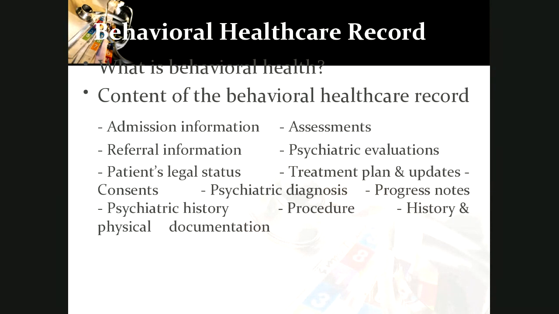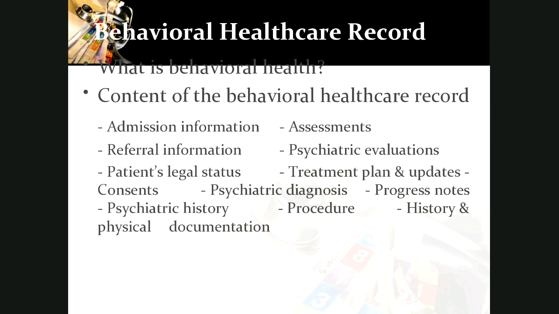Who referred that patient to the behavioral health care facility? It's going to have psychiatric evaluations. It's going to have the patient's legal status. Are they of age? Are they an adult? Are they a child? If so, who has custody of that child?